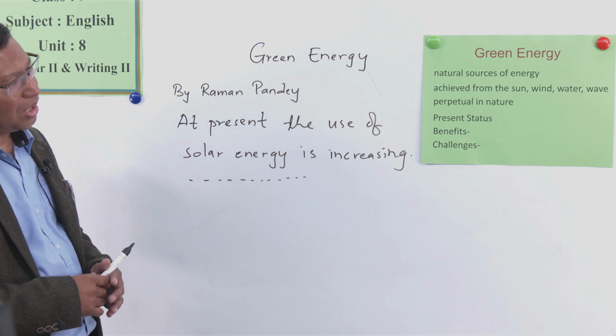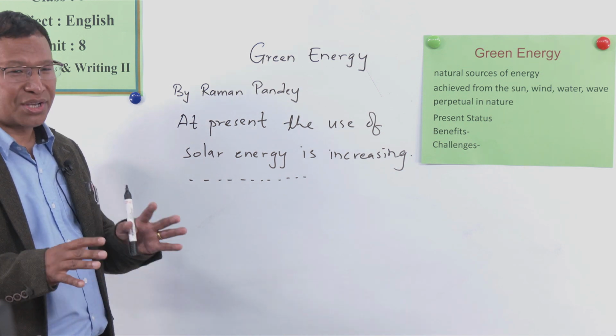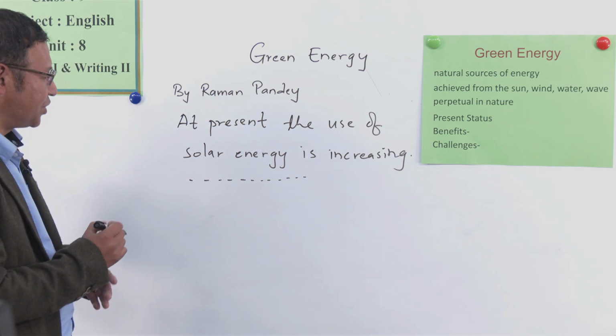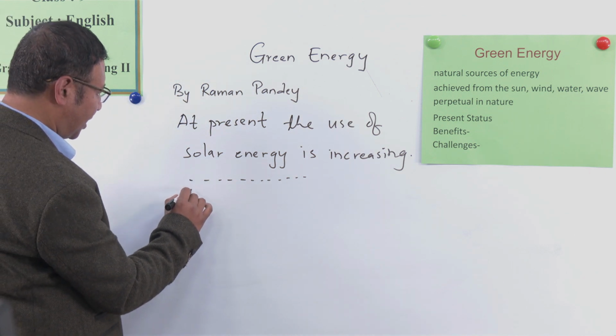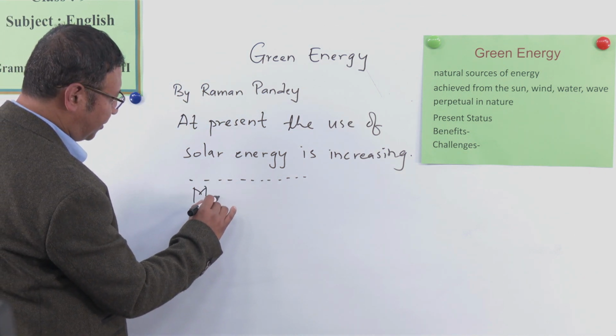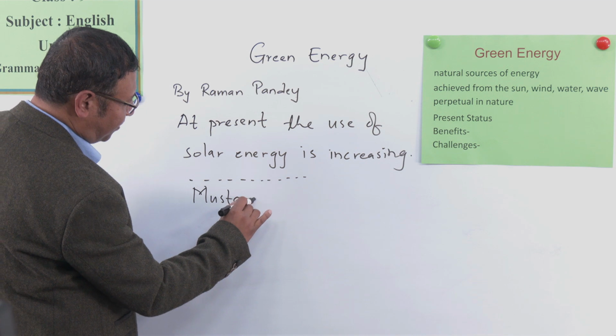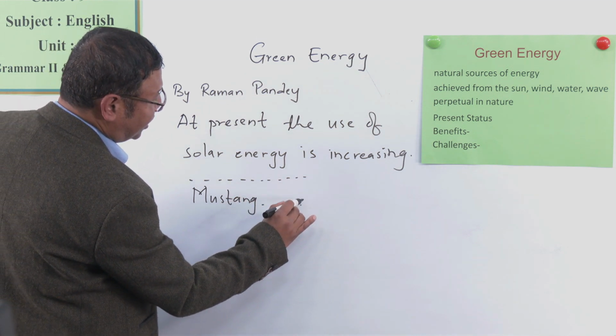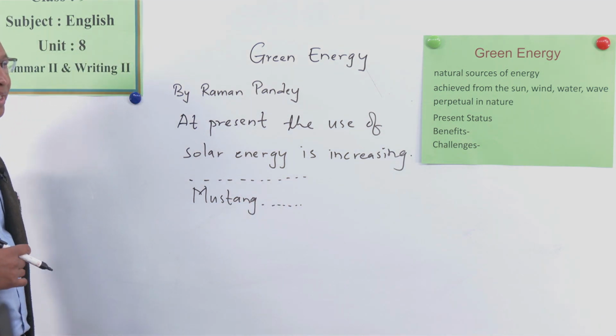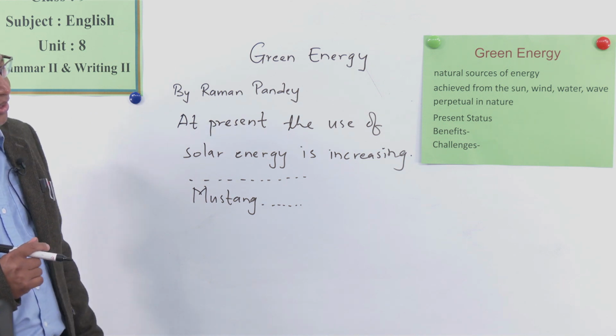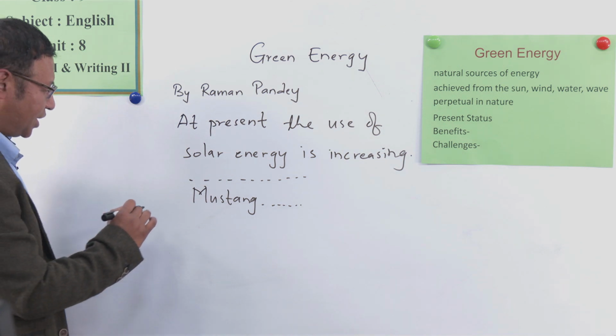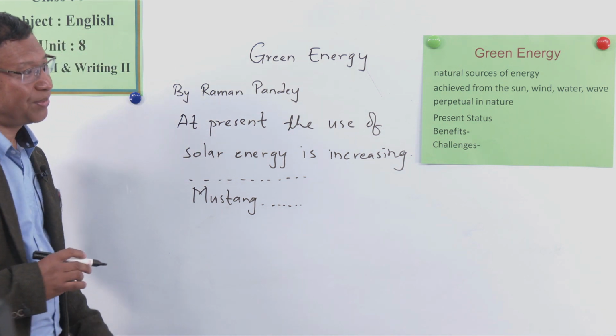Similarly, wind energy is not much used in Nepal, but when you talk about the wind energy, it was practiced in Mustang, but it is not much in use also. What about water energy? You can talk various things about water energy.